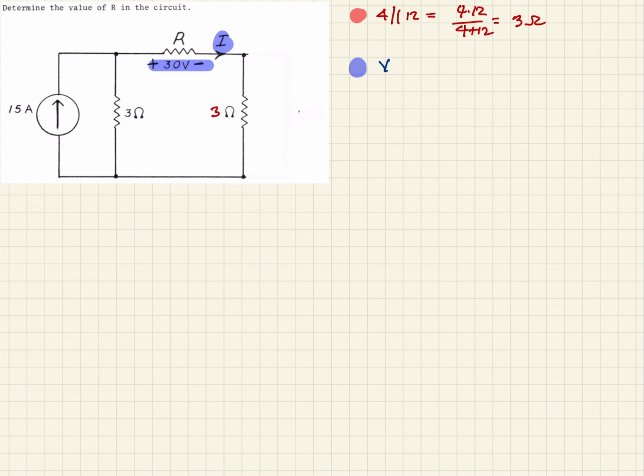So Ohm's law says that V equals IR. So in this case, we can define I then, solving for I, as V over R. So in this case, it's 30 over R. So there's one piece of information that's useful.